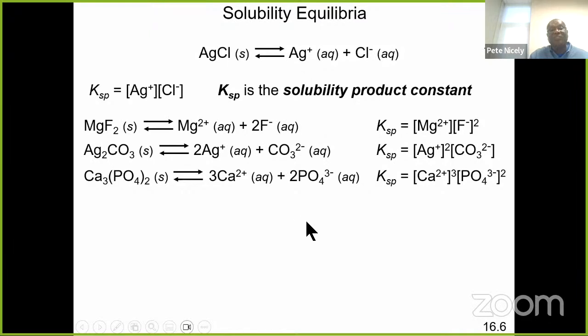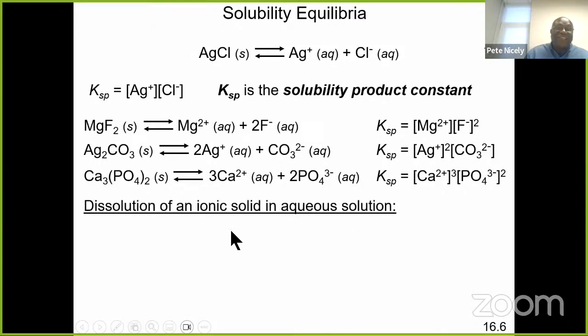Now, one utility of understanding the role of KSP is that we can make predictions as to whether or not a particular solid will precipitate out of solution. That is based on comparing the Q value to the KSP.